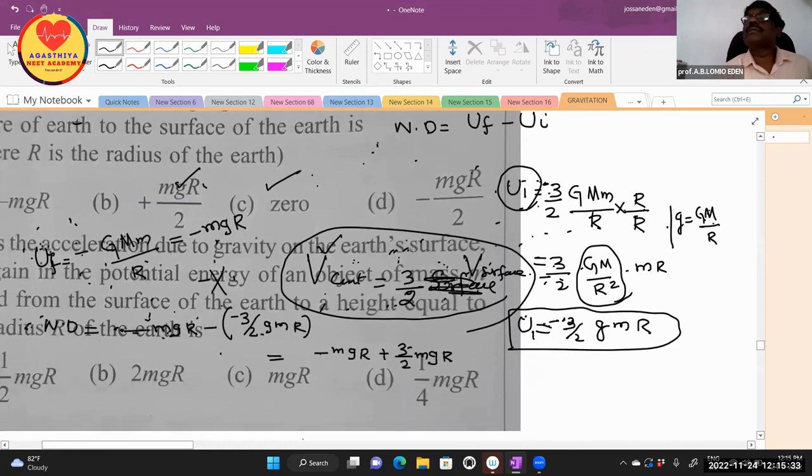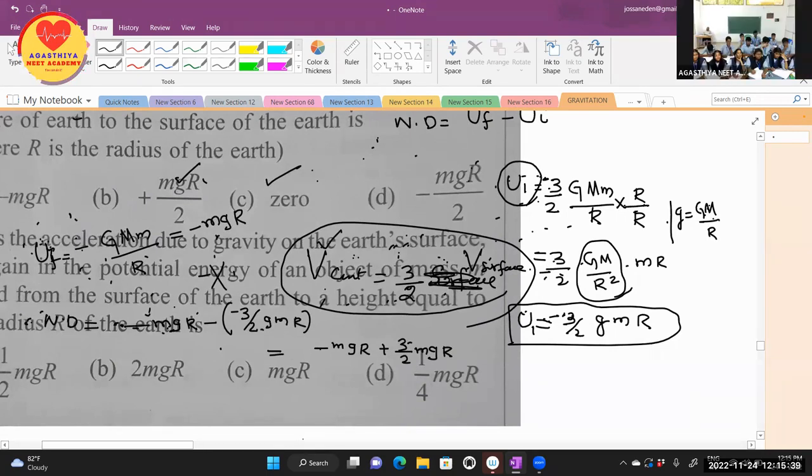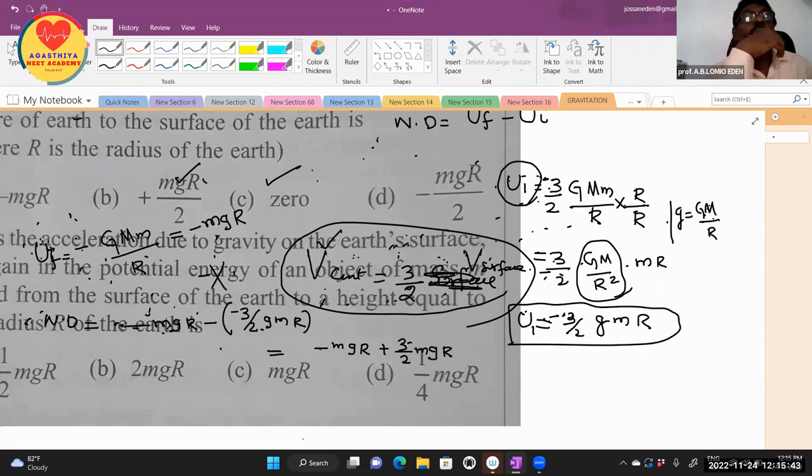What is the answer when you subtract these two quantities? Option B. Yes, mgR divided by 2. Yes.